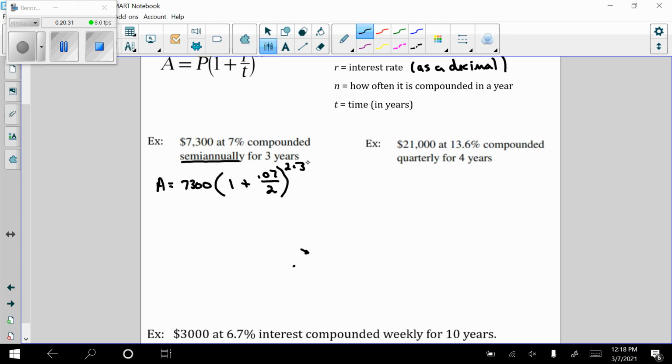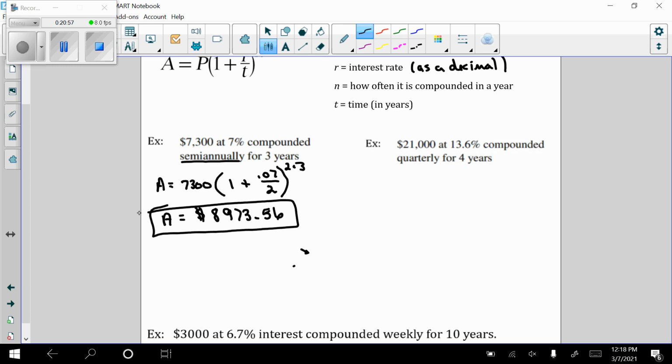So 2 times 3. You should be able to put that in your calculator all as one string. Just make sure you're using your parentheses. And go ahead and do 2 times 3 is 6 as well. So if you do that correctly, you have $8,973.56 at the end of 3 years.